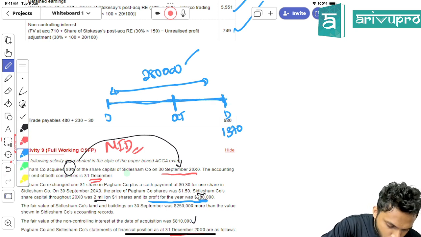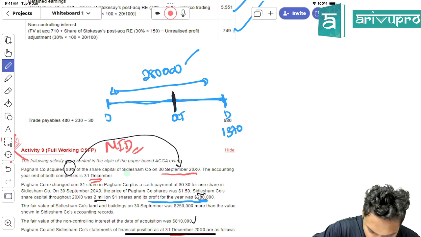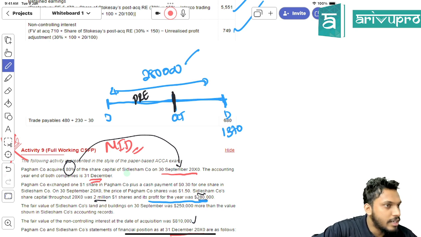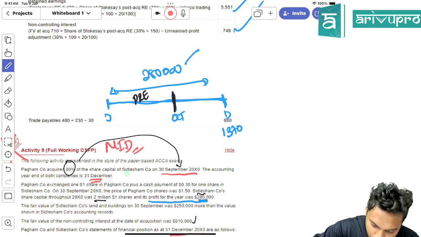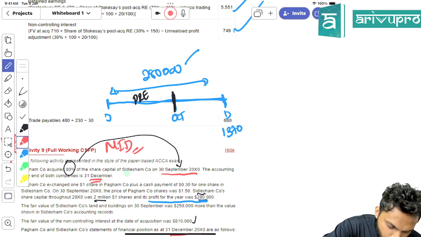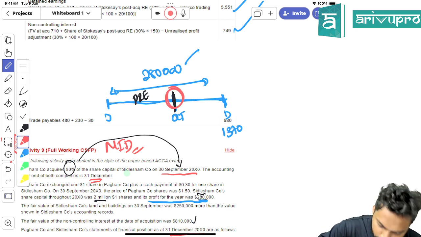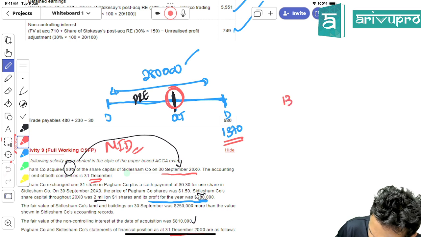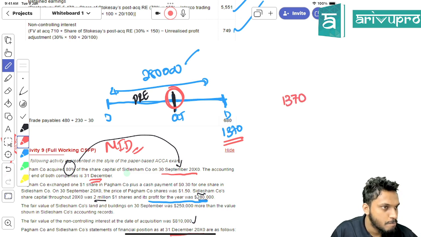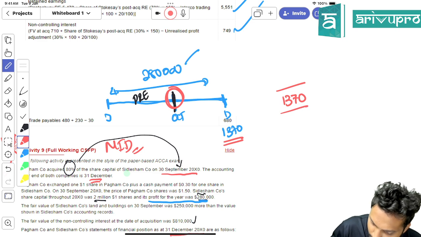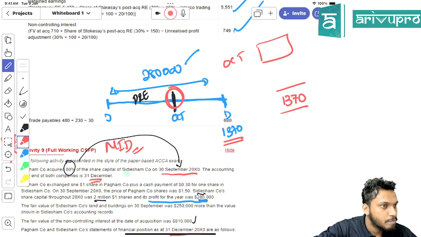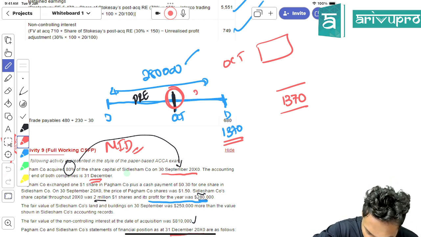But for my group, I am investing in October. So whatever the profits before acquisition is not related to me. I need to see what is the profit at this point. At the closing, I know it is 1,370. So I need to know in October how much was the total. In order to identify that, you need to find how many months are here.